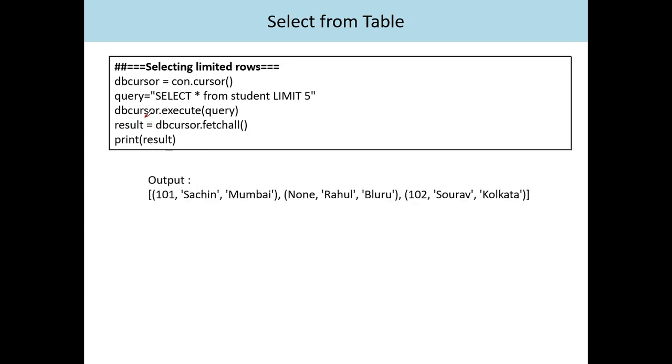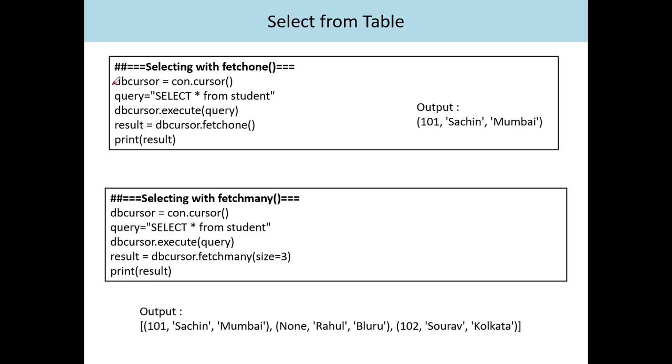See here, db cursor, con dot cursor, fine. Then you are taking a string variable, select star from student, you can directly put this string here. Then db cursor dot execute, within brackets you are passing the SQL query, and this is the fifth statement if your SQL query is a select type.